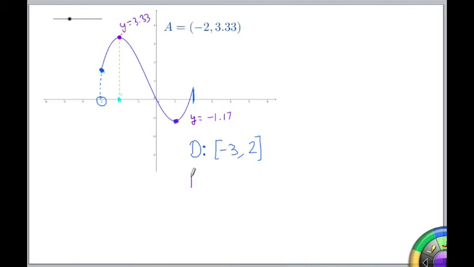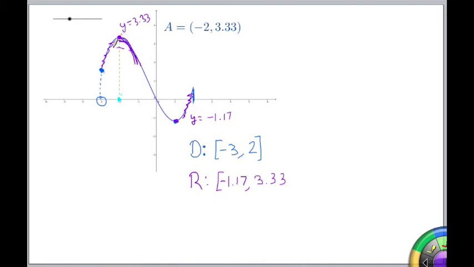So we would say the range here, and you always go small to large, is -1.17 all the way up to +3.33. And we really don't worry about these branches here left and right because they're accounted for on this portion of the graph.